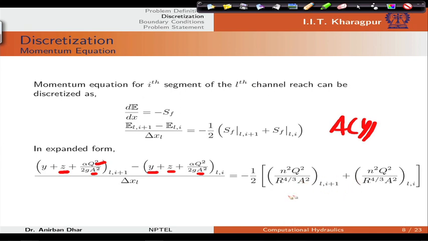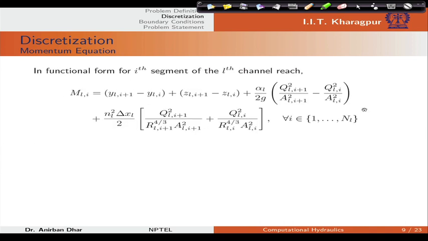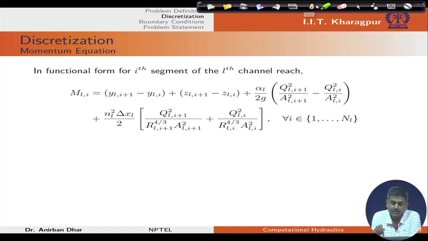On the right hand side we have the hydraulic radius, which is again a function of y, and we have a constant discharge, and n, Manning's roughness coefficient, is also constant. So, in functional form this is again a nonlinear equation. We can write it in functional form for solution, because we need to utilize the Newton-Raphson technique.